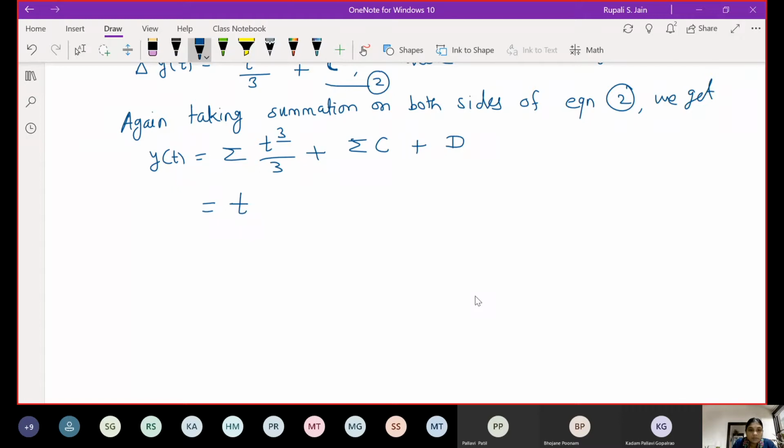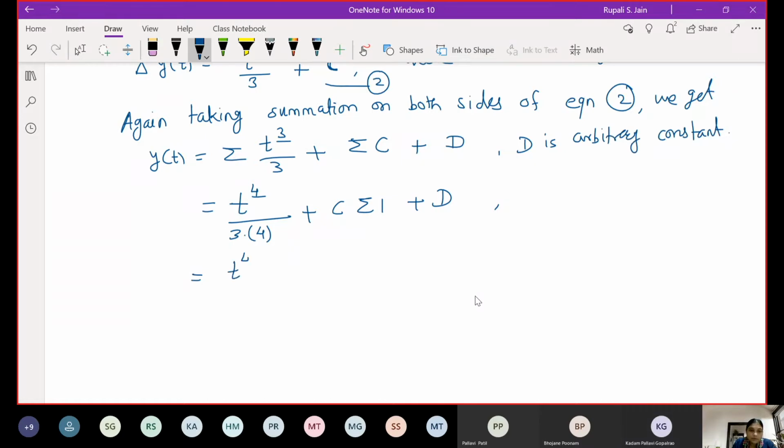It will be t to the 4 falling divided by 4, because 1/3 is constant outside, and t to the 4 falling into 1/4 plus C summation 1. C is constant, so outside summation 1 and plus D, constant of integration. We can say here D is arbitrary constant. Is that okay? Yes.